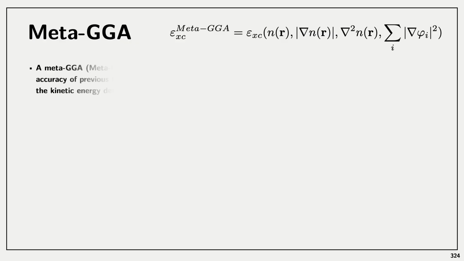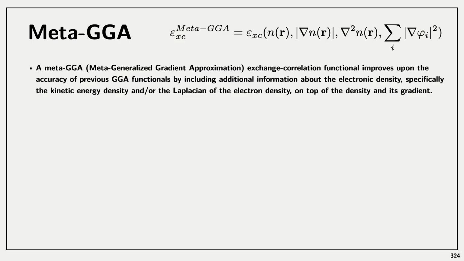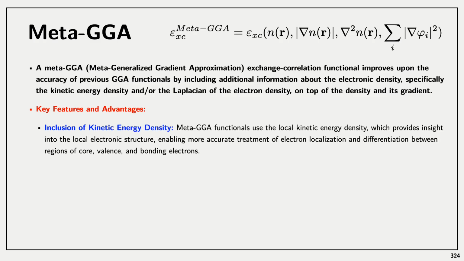This is good because with meta-GGA you have an additional ingredient that allows you to improve upon GGA without having to pay the cost of hybrid functionals. So that's nice. Now, there are a number of key features. Because of the introduction of the kinetic energy density, you get a better treatment of electron localization, which is nice because electron localization is one of the shortcomings of GGA, or even worse, LDA.